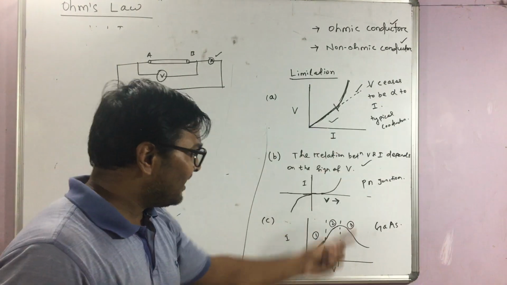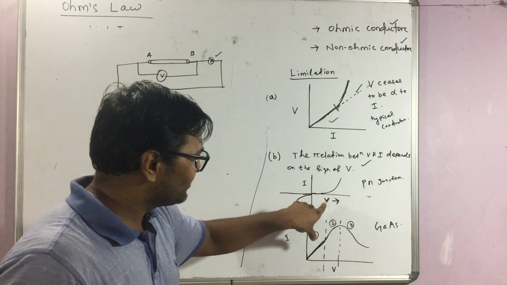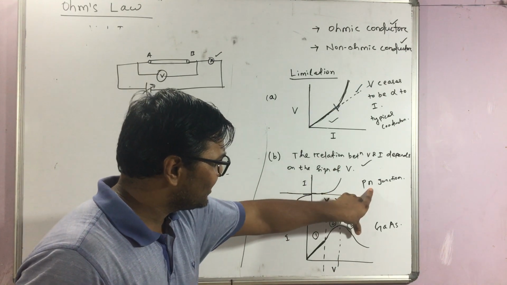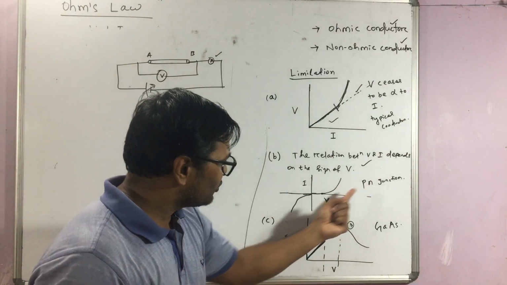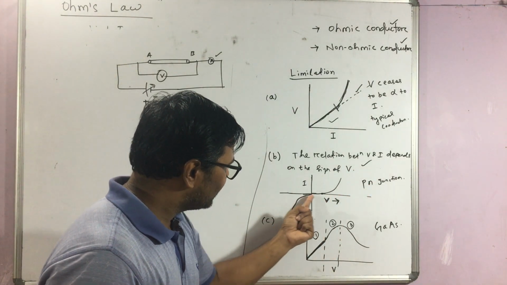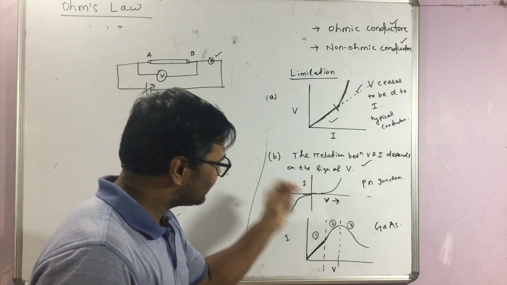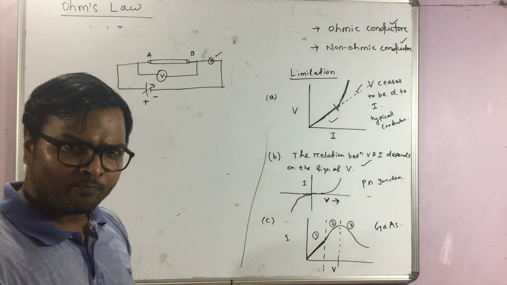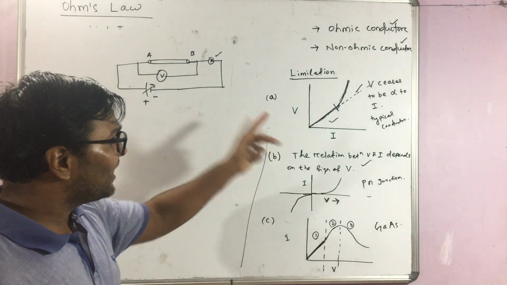This graph belongs to a material that is called a PN junction diode. So for a PN junction diode, the IV characteristics or the IV graph looks like this. This graph is clearly not obeying your Ohm's law. Also, on changing the sign, the relation between V and I is changing.